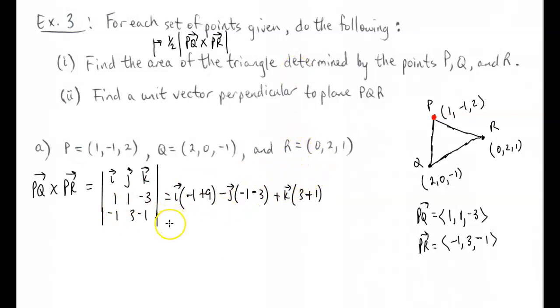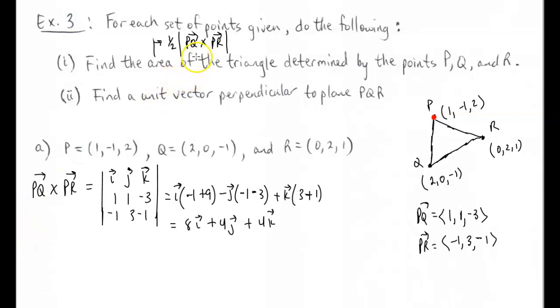And so all this just ends up equaling 8i, and that looks like -4 times negative, so it's going to be +4j, and plus 4k. So that is what our cross product pseudo vector will be.